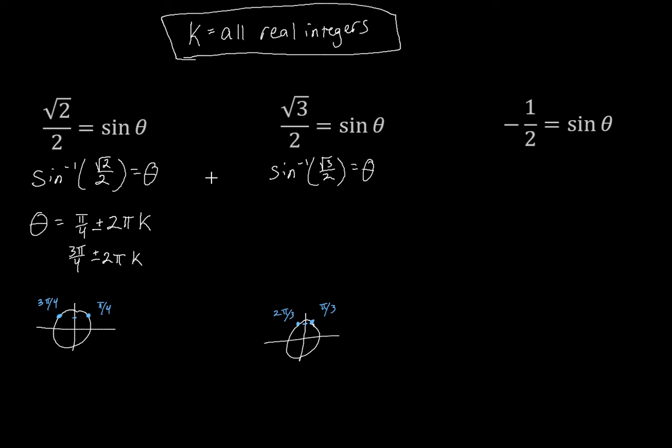So I'm going to go ahead and write down that theta is equal to pi over 3 plus and minus the period of my function as many times as you want. And then theta could also equal 2 pi over 3 plus or minus the period of my function as many times as you want.